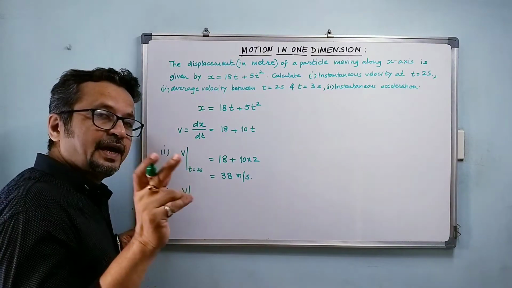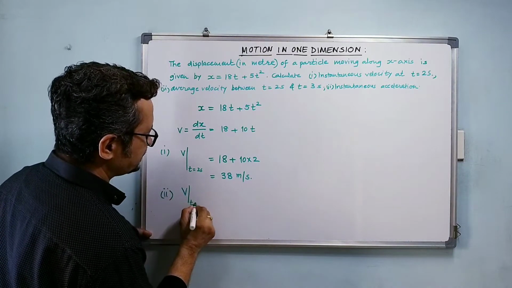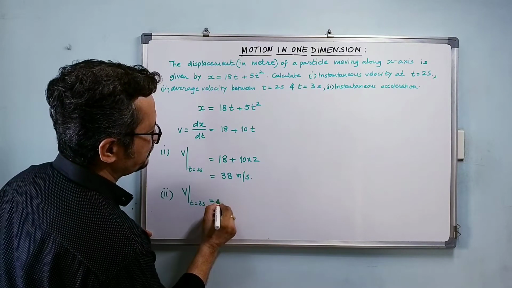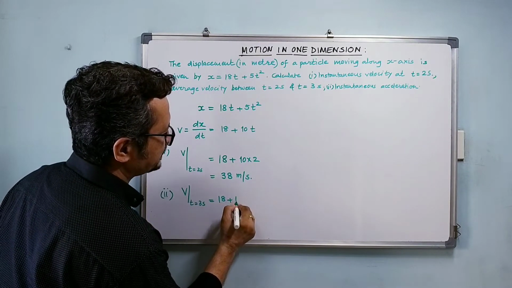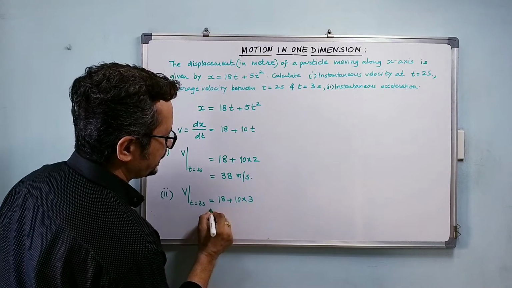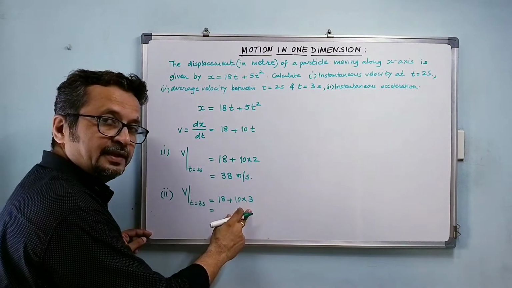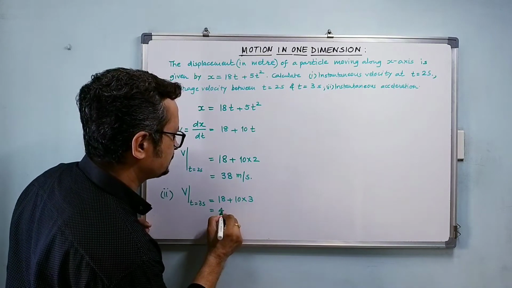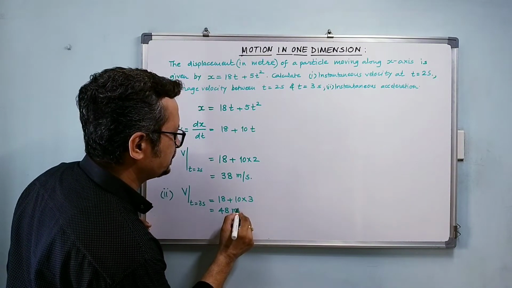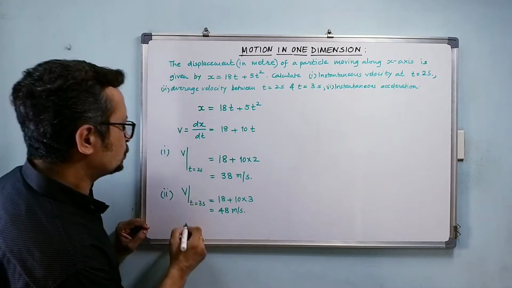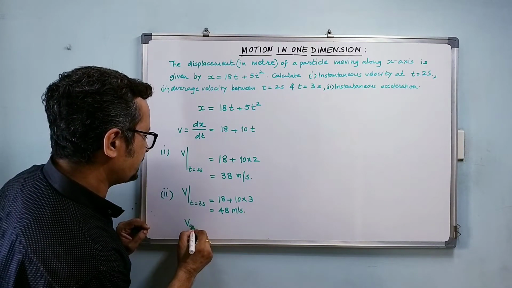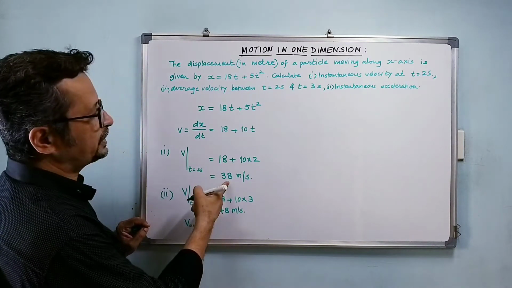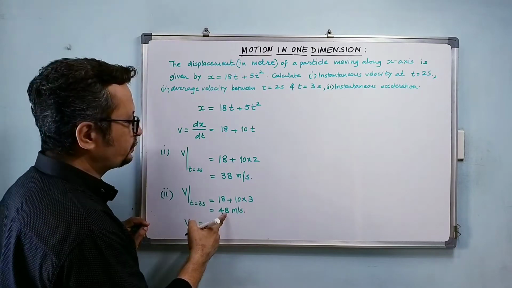Velocity at 2 seconds I have, so velocity at 3 seconds I'll find. That will be 18 plus 10 into 3, that is 18 plus 30, which is 48 meters per second.